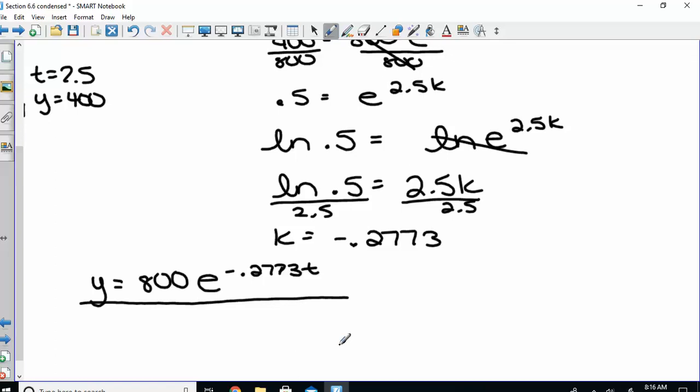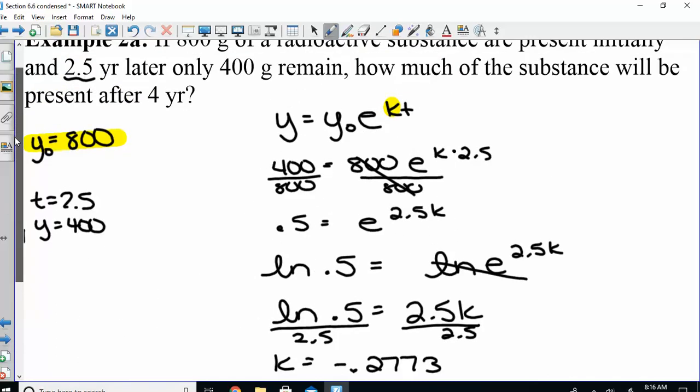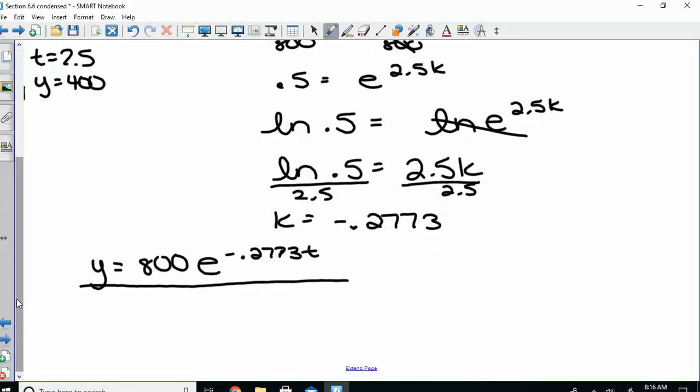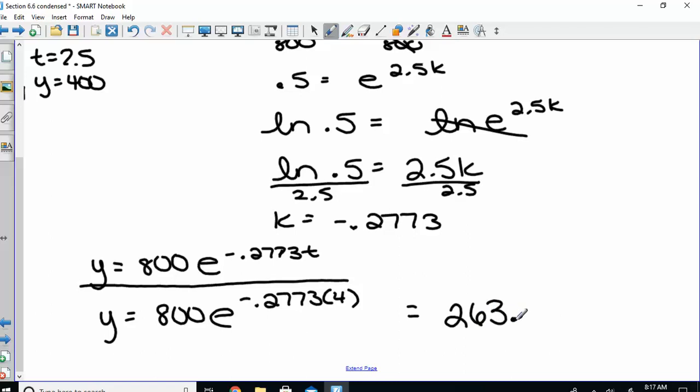Alright, so then the question was, how much will be present after 4 years? So what would you do? Plug a 4 in for T. So if I put that in, 263.858, and that would be grams.